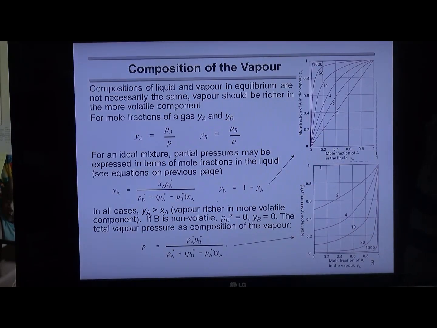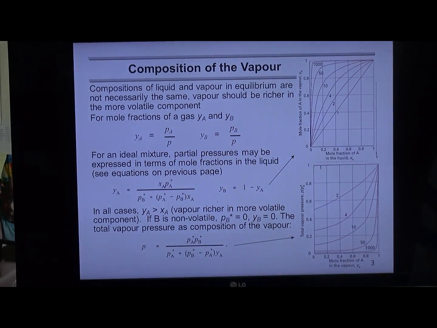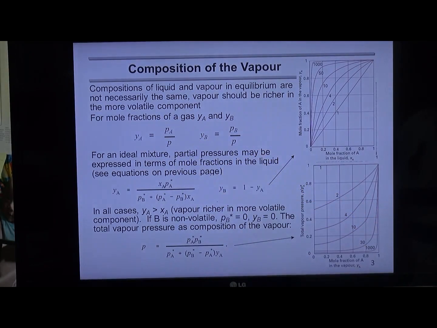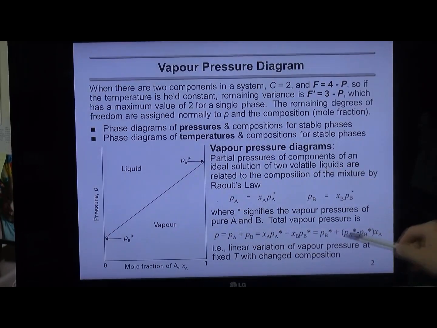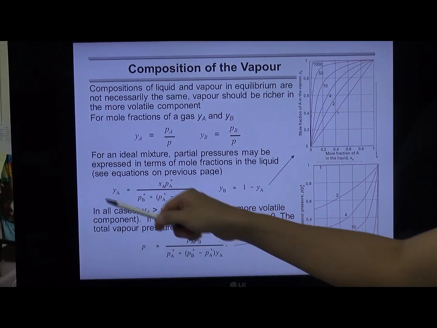Then, from Dalton's law, YA is equal to PA over P, and YB is equal to PB over P. Then, from this definition of YA, and from previous relations that we got for PA and P, we can express YA as a function of XA. Like this.